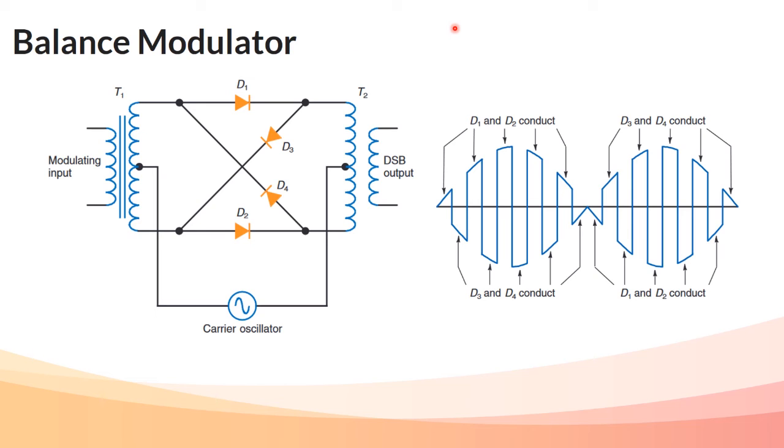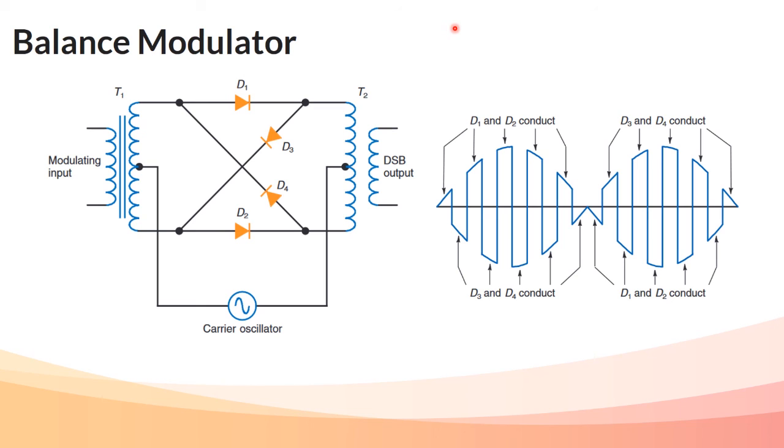The current in the upper part of the winding produces a magnetic field that is equal and opposite to the magnetic field produced by the current in the lower half of the secondary. The magnetic fields thus cancel each other out. No output is induced in the secondary, and the carrier is effectively suppressed.